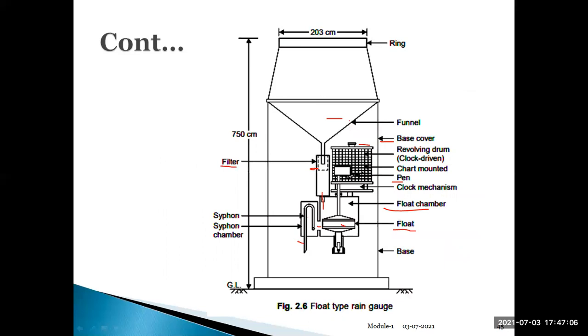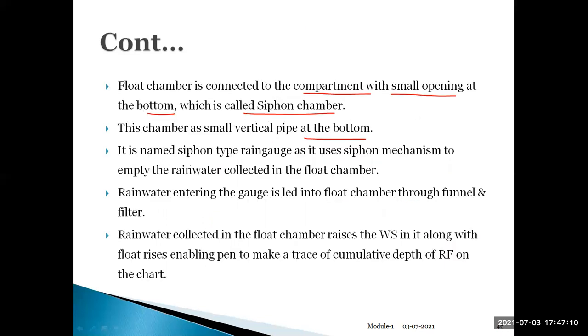You can see the siphon has a small vertical pipe at the bottom. As it uses the siphon mechanism, it is named a siphon type rain gauge, to empty the rainwater. So what is the siphon mechanism? See, siphon mechanism.